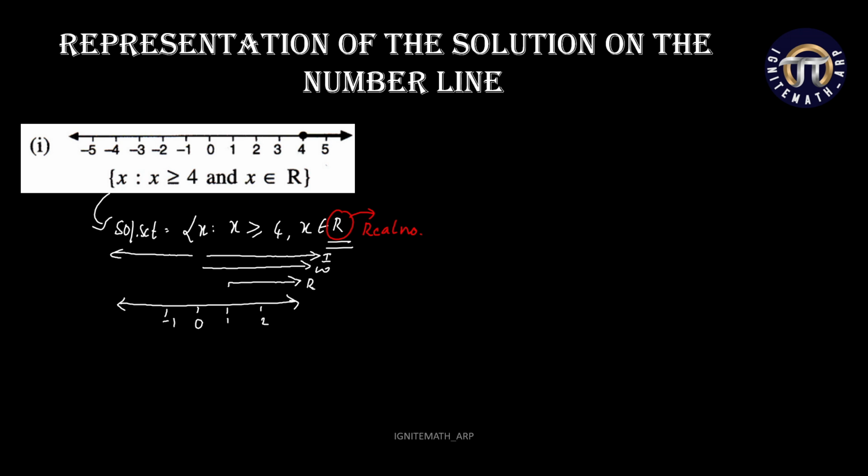But where are the real numbers? Between 0 and 1, between 1 and 2, there are infinite numbers of rational as well as irrational numbers. Rational as well as irrational numbers together are called real numbers.